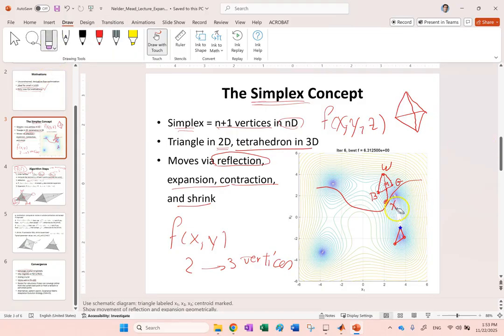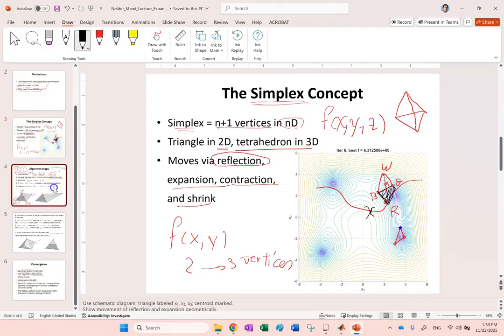So you see clearly that by reflecting the worst point with respect to the centroid of the rest of the points that are better than that, now I have this new triangle, which is between B, G, and R, and hopefully the position of this black one is better than the red one. It's getting closer to this minimum point here.